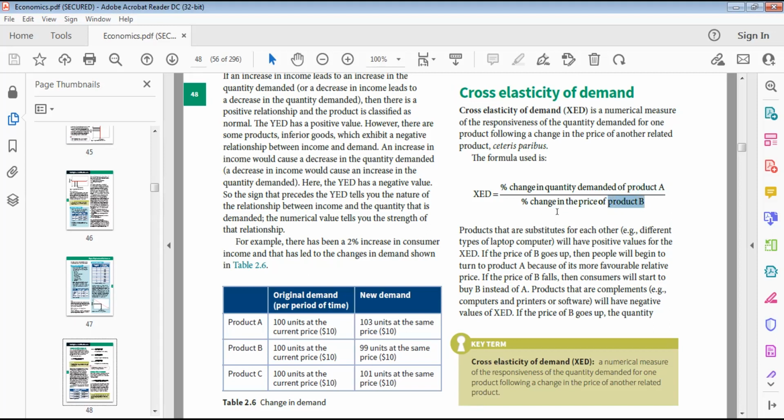This is done by all big competitors. Let's say Google and Facebook, or Google and Microsoft, or maybe Emirates and, for example, Turkish Airlines. All these big competitors always use cross elasticity of demand to understand how a change in the price of their product or the company's product will impact the demand for the other competitor.